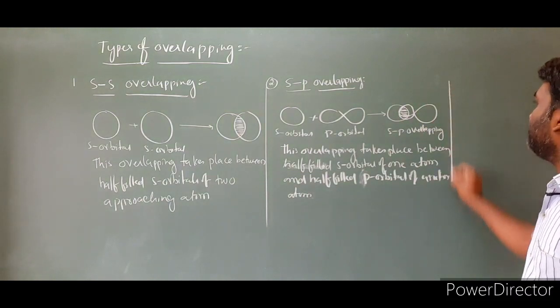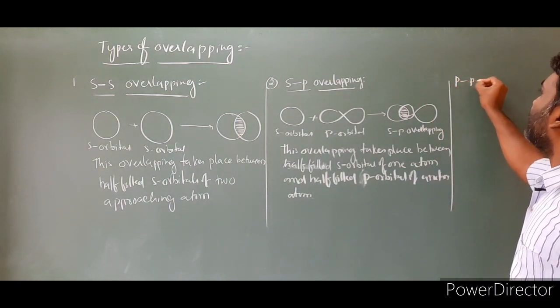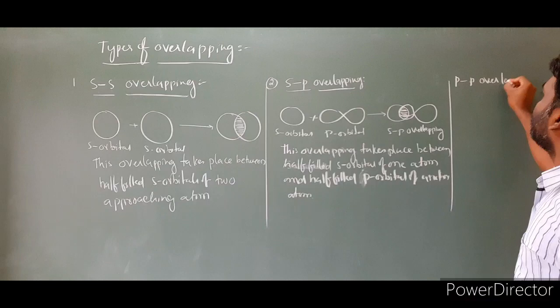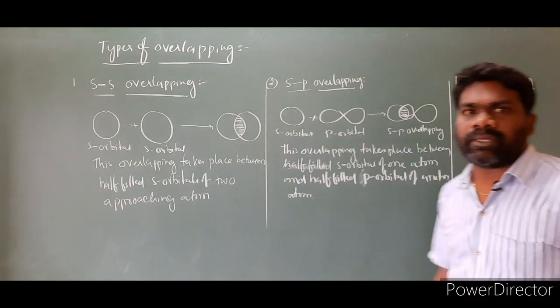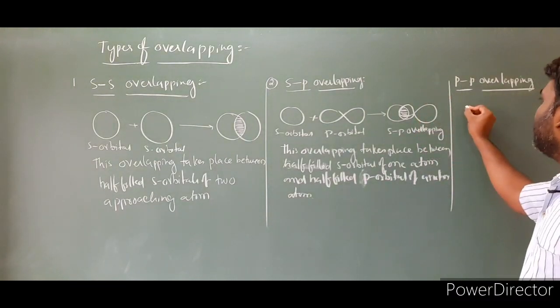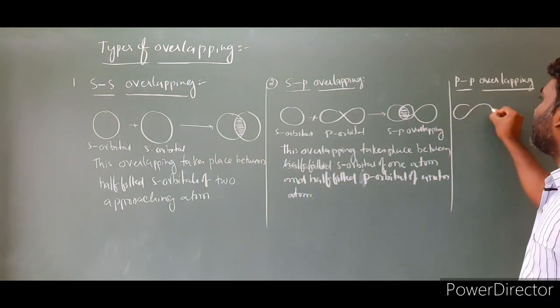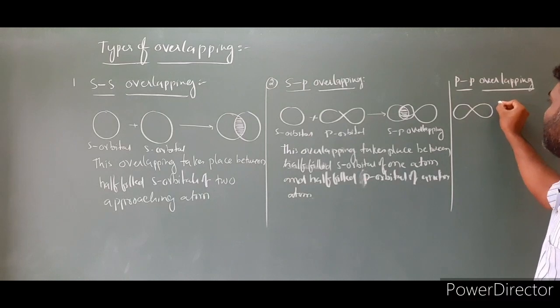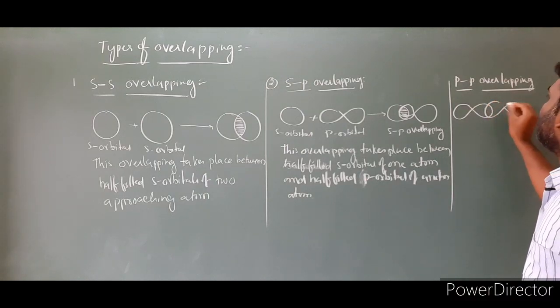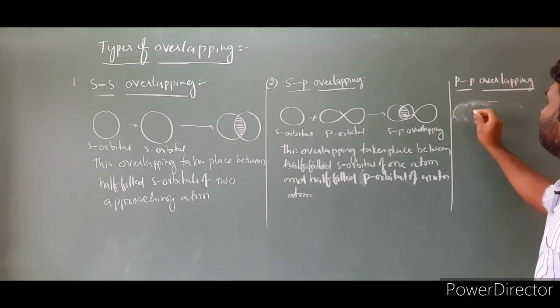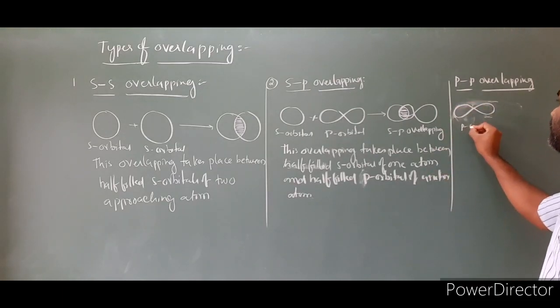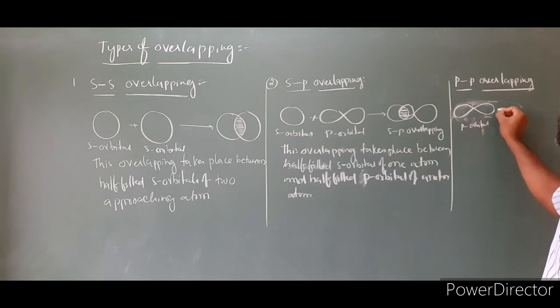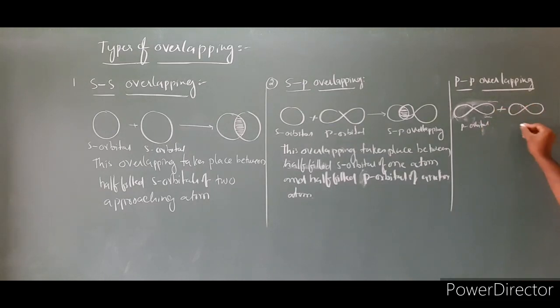Then the third category, PP overlapping. I am taking this as a half-filled p orbital of one atom, and we have to draw another p orbital. This is another p orbital.